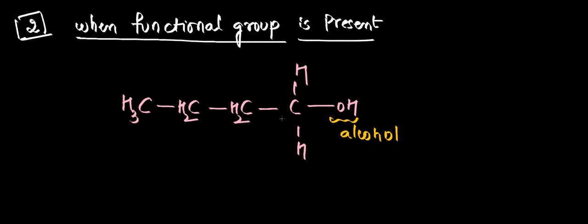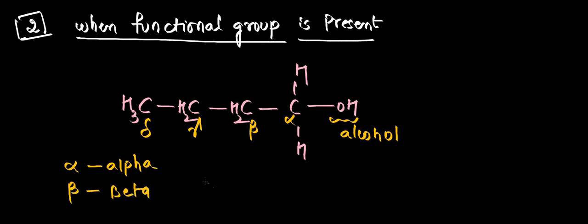So when a functional group is present, how do we classify the carbons? The carbon that is directly connected with the functional group is taken as alpha carbon. The next one to it is beta carbon, the next one to it is gamma, and the next one to it is delta. You have to read it as alpha, this is beta, then this is gamma, and this is the symbol for delta.